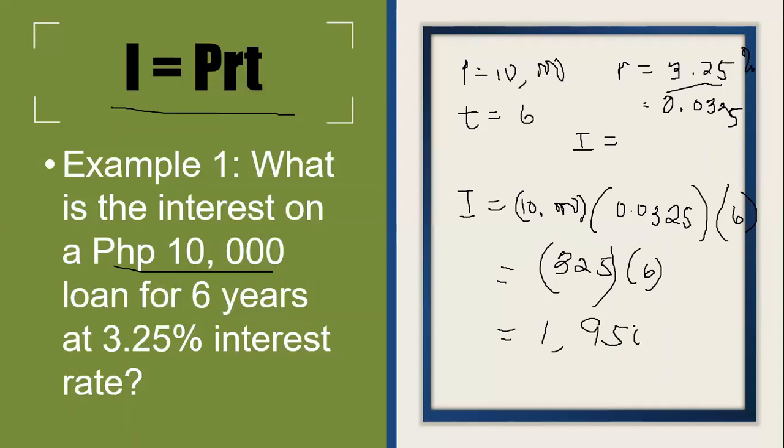So after 6 years, ang tutubuin po ng perang 10,000 na ininvest or niloan mo po ay 1,950. Okay po. So 10,000 times 0.0325 times 6 years gives us 1,950.